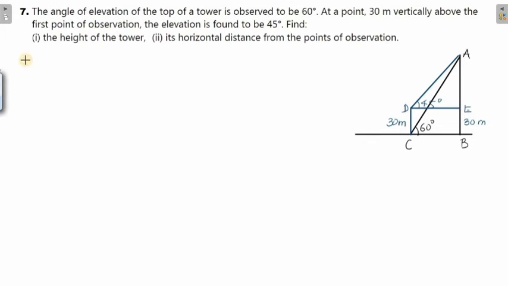First triangle ABC: this is the bigger triangle. This is your given angle, so opposite to this, AB becomes your perpendicular and BC becomes your base. So we have AB by BC, perpendicular by base, is tan theta, that is tan 60 degree.